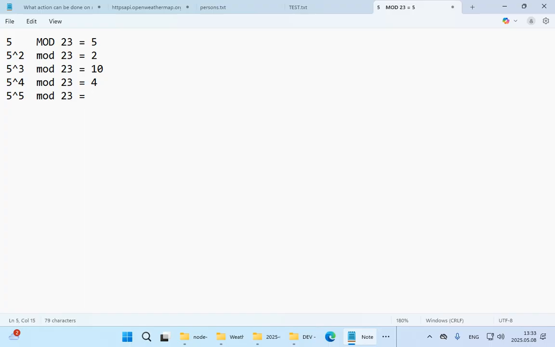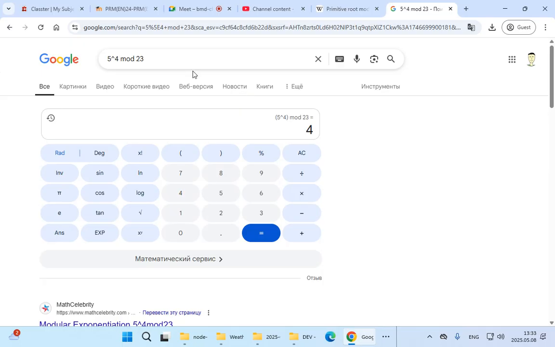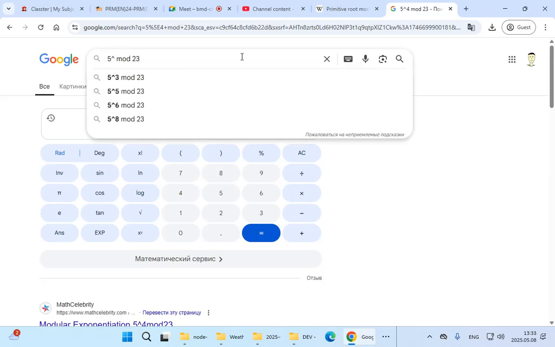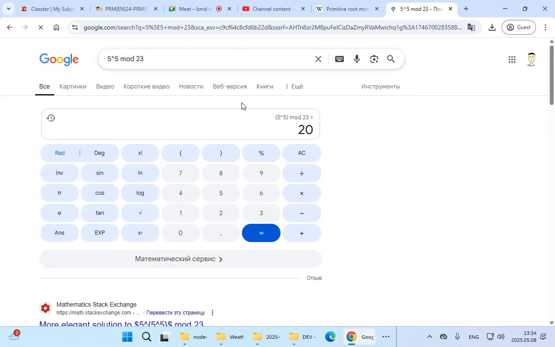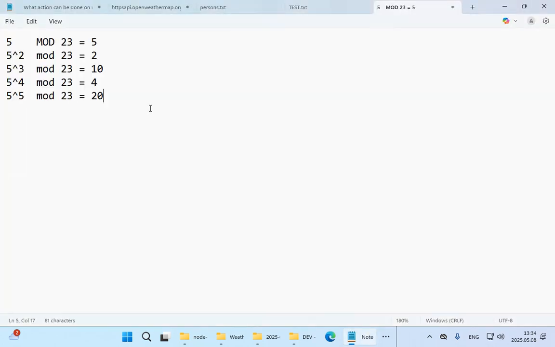Now what is 5 to the power of 5 mod 23? 20. Yes, 20. We can double check so that we can be sure about this. What is 5 to the power of 6 mod 23? 100 and 23, it's again 20, no? No, it can't be 20.